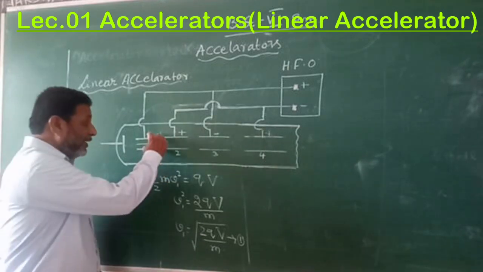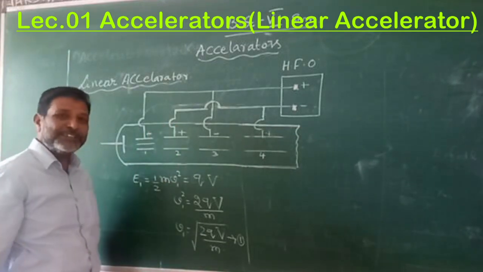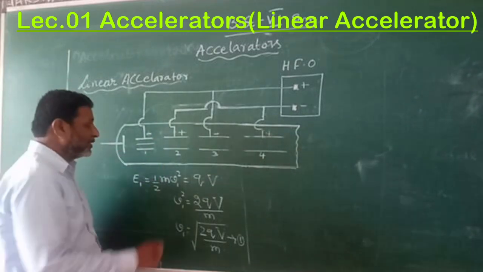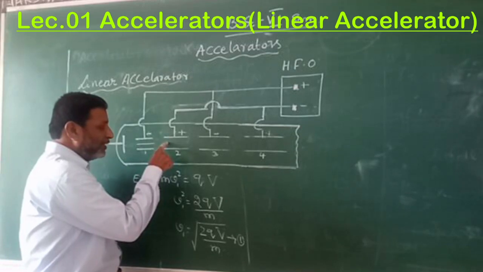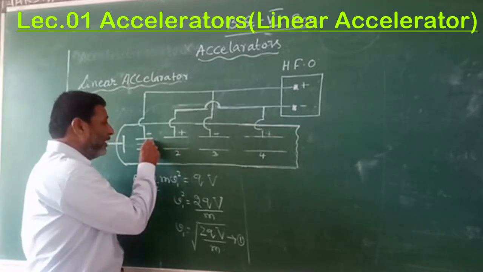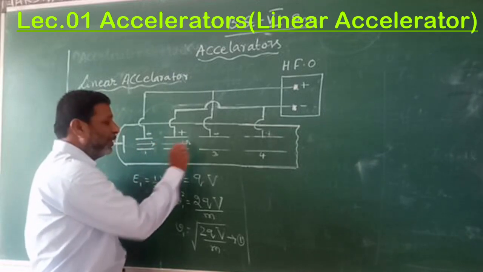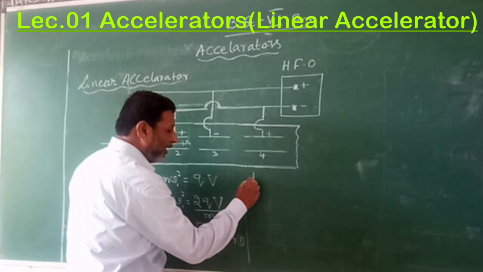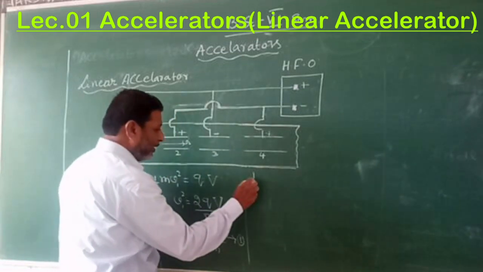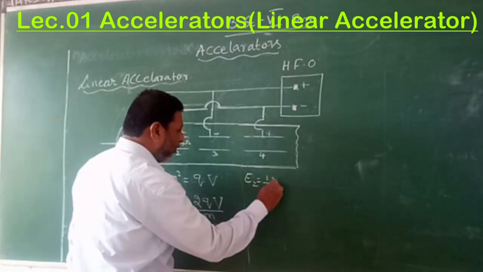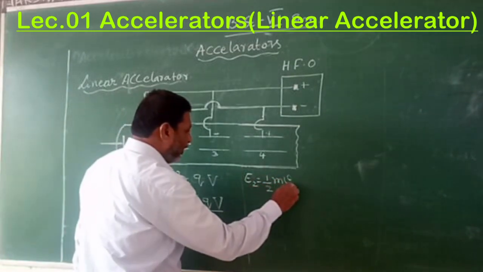When it is attracted towards the second cylinder, again the speed increases. Now let us consider that when the electron enters the second cylinder, its velocity is V2. Then the energy of the electron in the second cylinder, E2, is equal to half m V2 square.